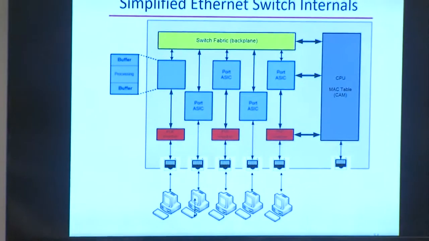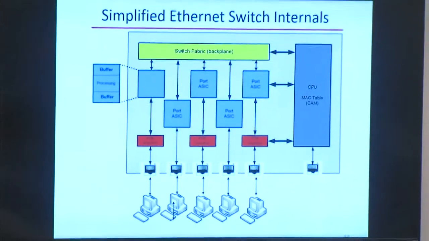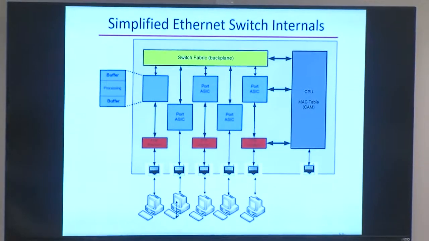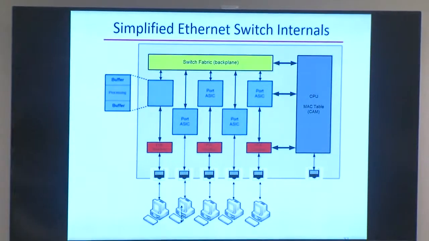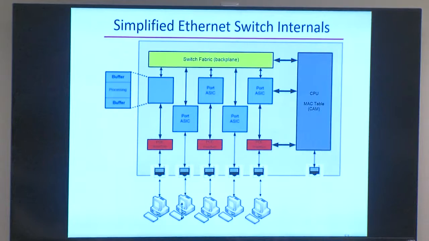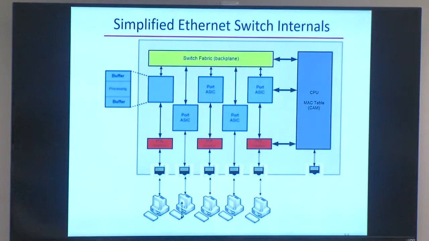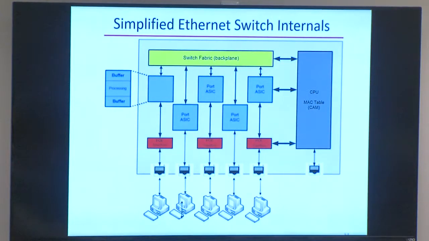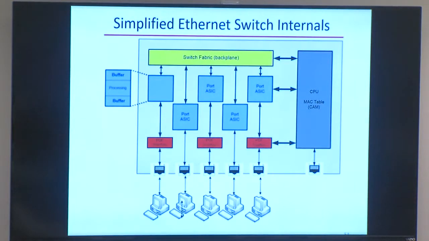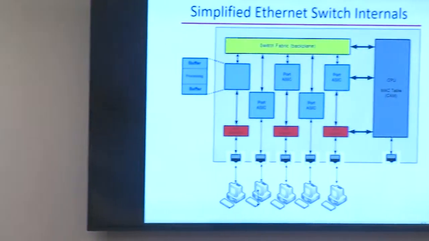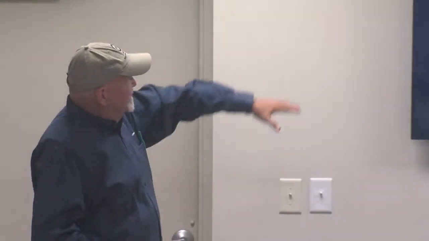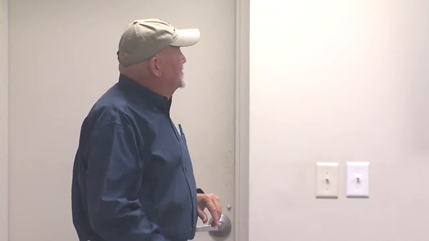This is my version of how to build an Ethernet switch, simplified. Although Ethernet switches today are really based upon silicon, and there are some basic building blocks out there. If we were going to build an Ethernet switch today, we would pick a chipset, maybe a TI chipset, and we would build that in a very similar block function.